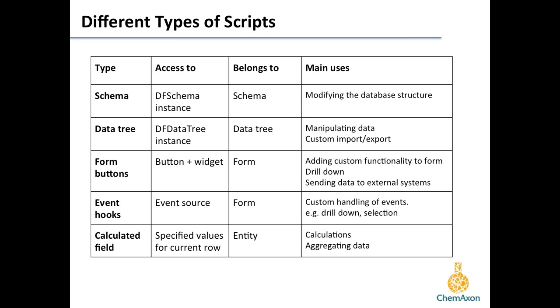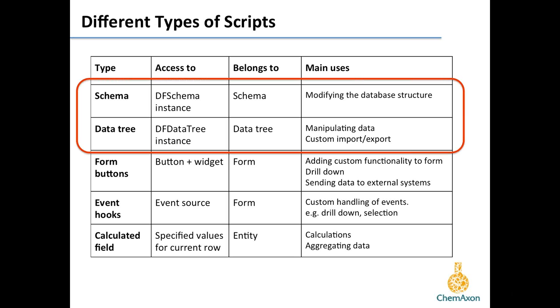So with that, there are a couple different kinds of scripts that we'll be talking about, and each has their own caveats based on their type and their location. Schema scripts themselves are used generally for modifying database structure and have specific calls based on where they are. A data tree just has a script attached to the data tree and is usually used for actually manipulating the data, altering the structure, or doing customized imports and exports.